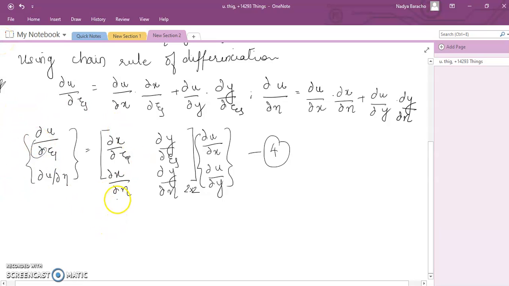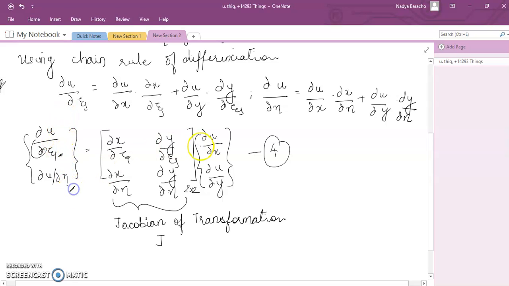It is denoted by capital J. It's called the Jacobian of the transformation because it is giving the transformation from the zeta and eta coordinates to x and y coordinates.